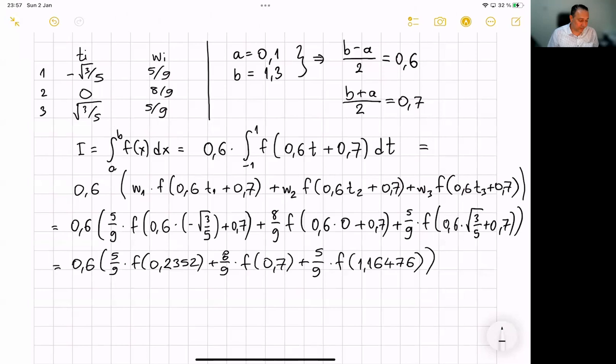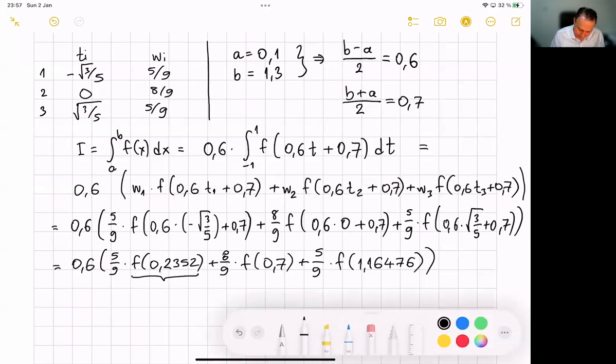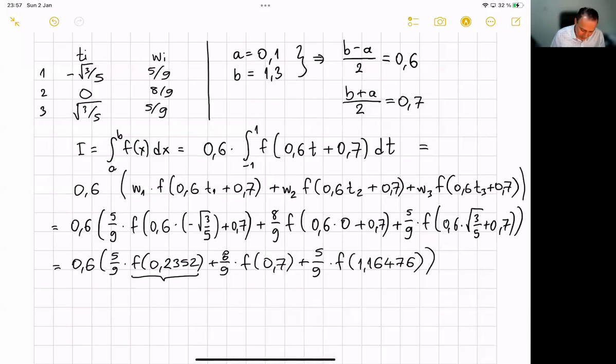And if I do these calculations again, we can do it in more detail. This is equal to 5 times 0.2352, and then e to the power of this.